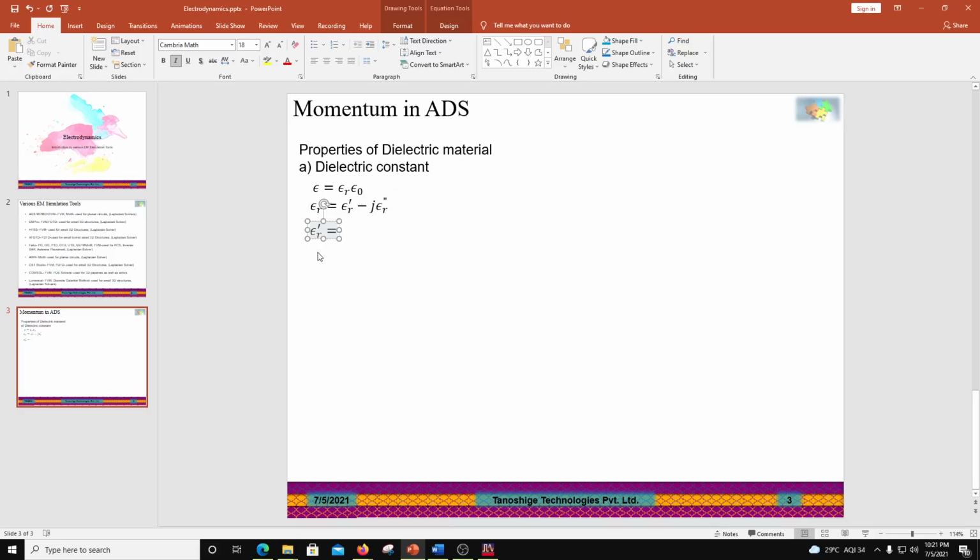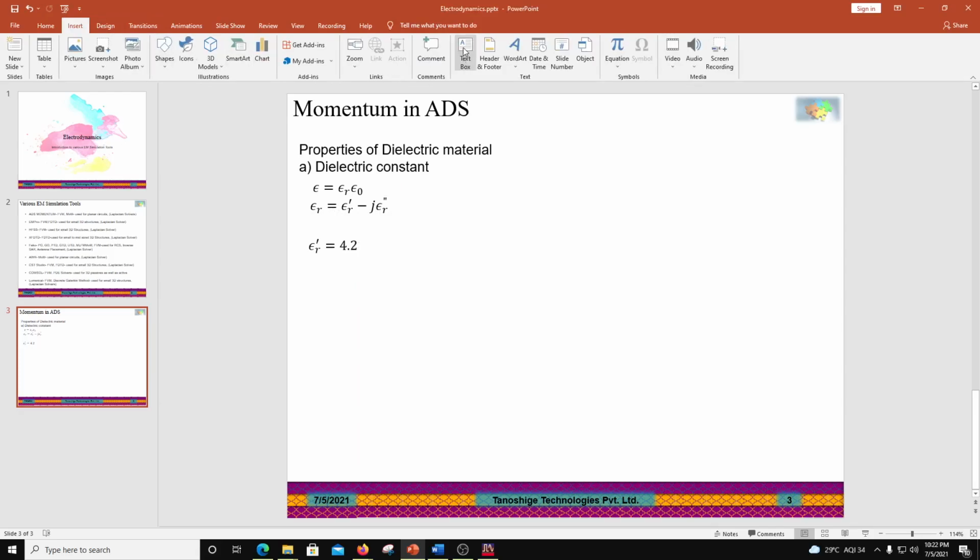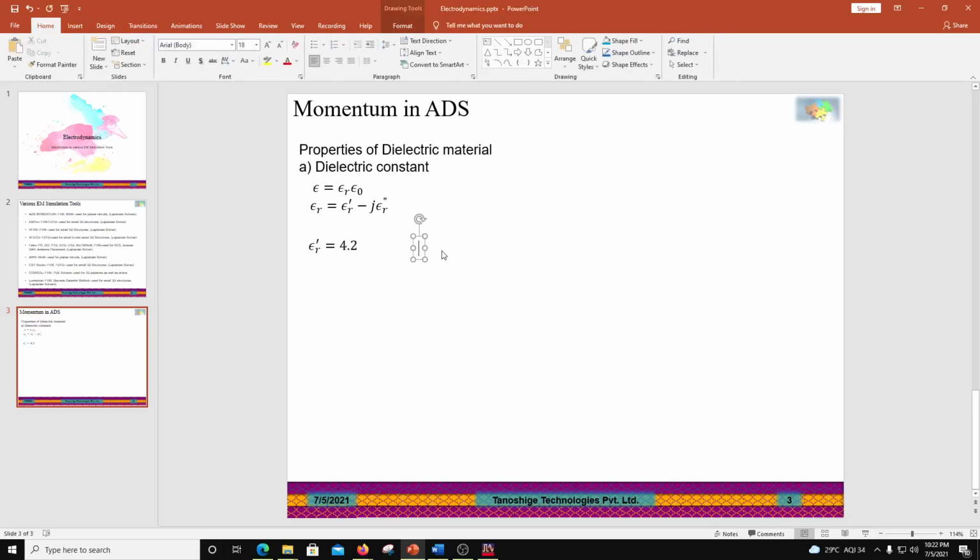This is equal to 4.2 to 4.8 for FR4. This is fire resistant grade 4, so we call this FR4. So for FR4 you have got this.